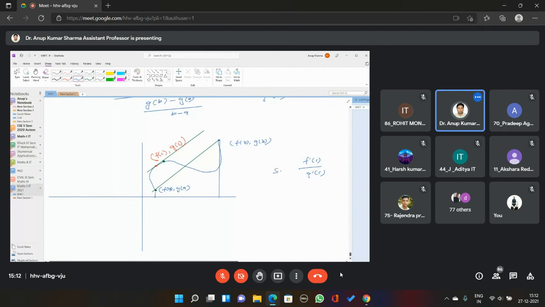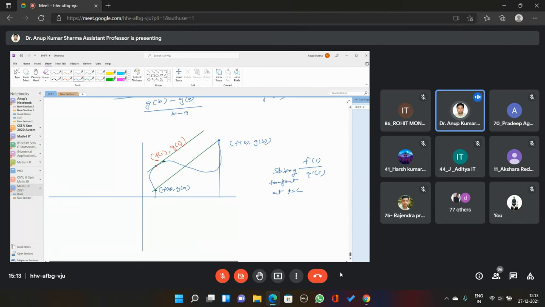So this is the slope of the tangent at t equal to c. This is the instantaneous change of the curve, which is equal to the average change.